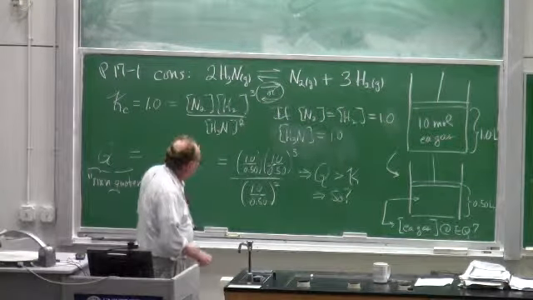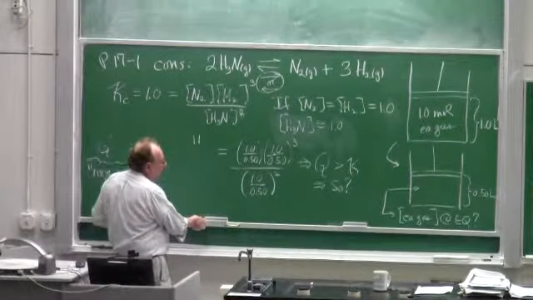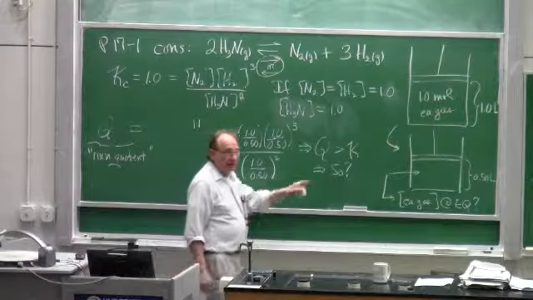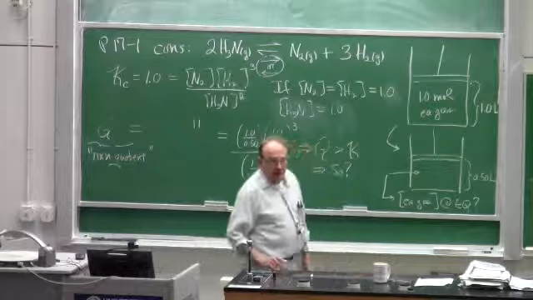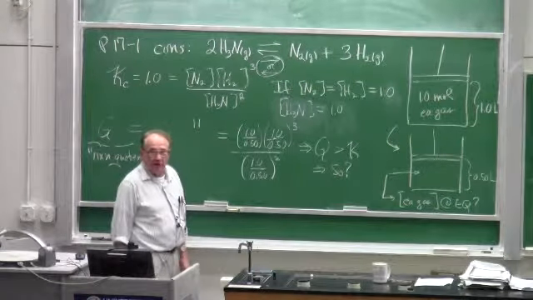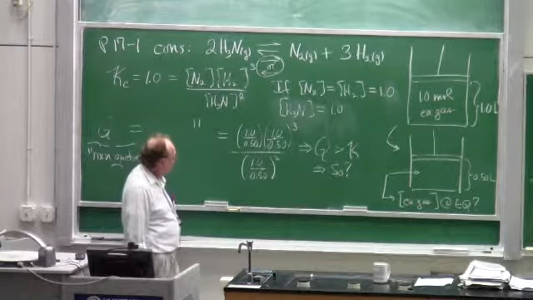Does Q tell us that? Here's what we got for Q. We started with a mole of each gas, and after we applied the change, the volume was reduced from 1.0 liters to 0.50 liters.